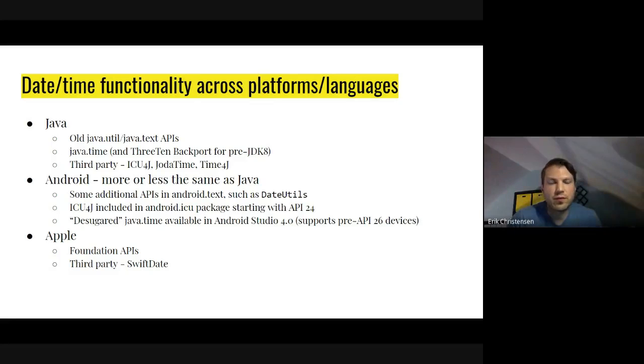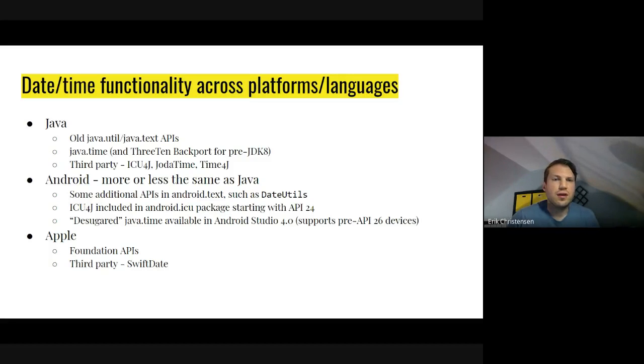Then you have a number of different third-party options. The ICU for Java has a lot of better ways of doing some kinds of date formatting that go beyond what you can accomplish with the platform libraries itself. And then you have Joda-Time, the predecessor of Java time, and Time4J.